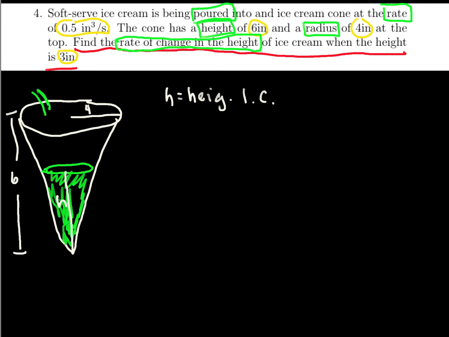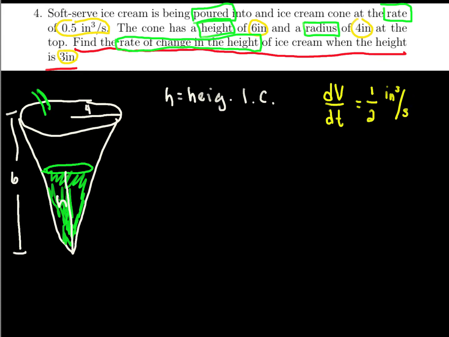The rate of change of the volume of the ice cream is 1/2 inches cubed. So I'm going to write that right here. dV/dt is equal to 1/2 inches cubed per second.